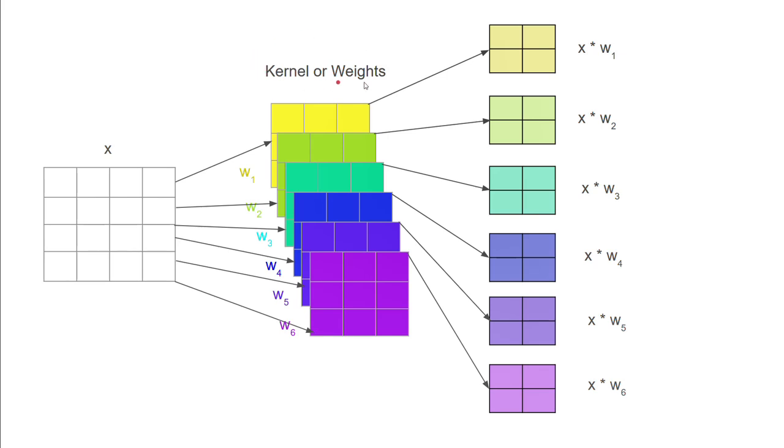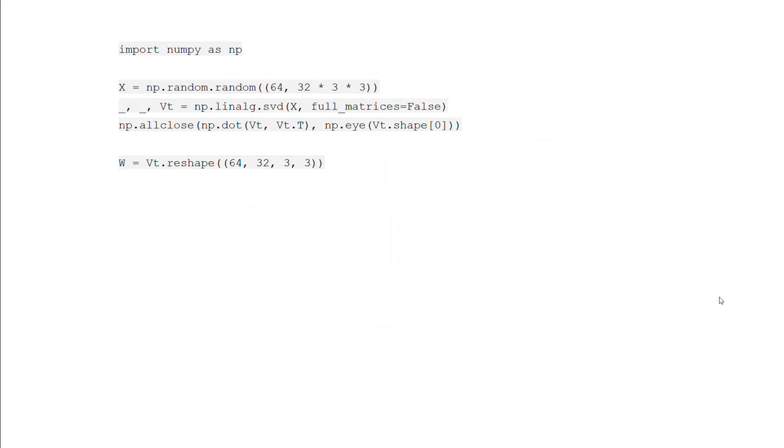Say this is a kernel or the weights. A simple example is this, not a very good example though. We have a random input here, we get a matrix and then the dot product of the matrix. Okay, go to the next.